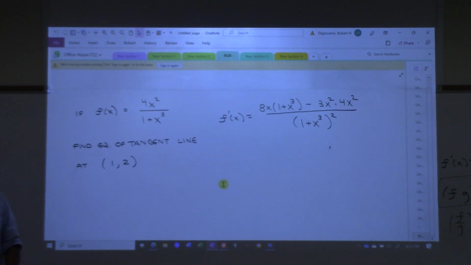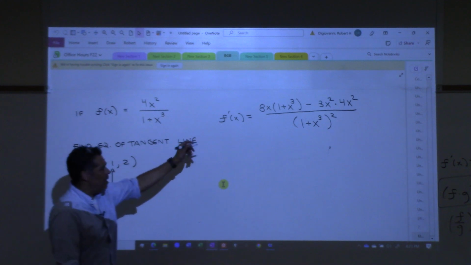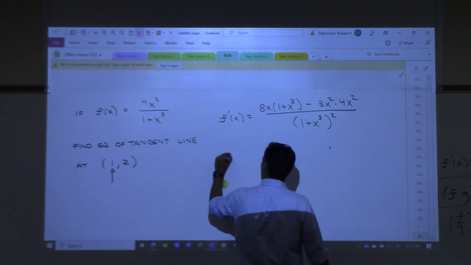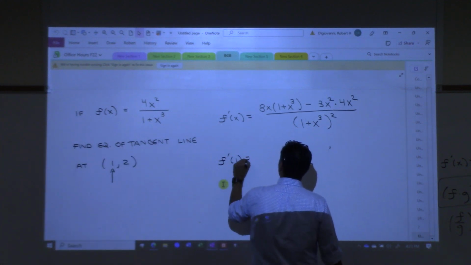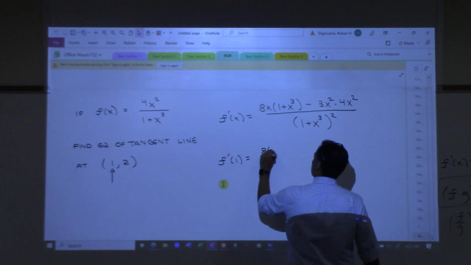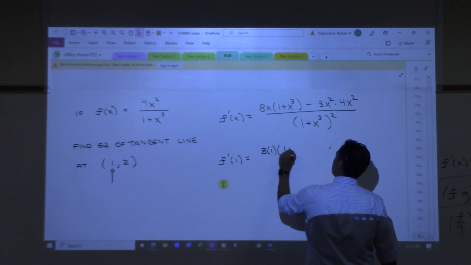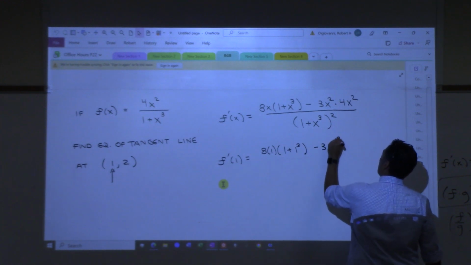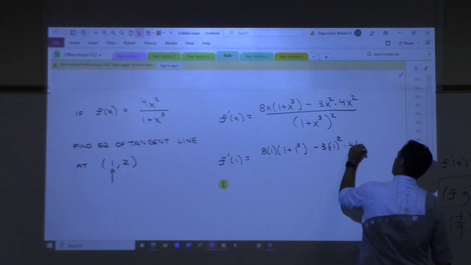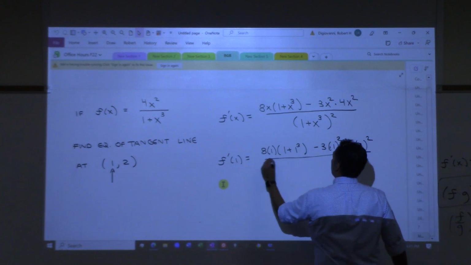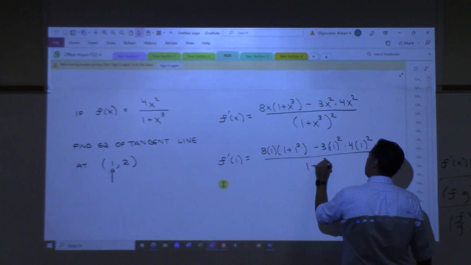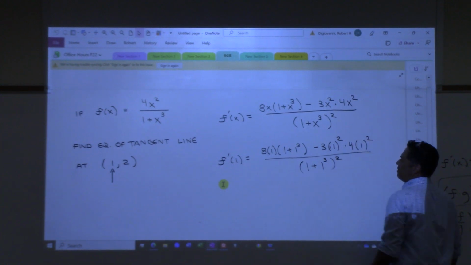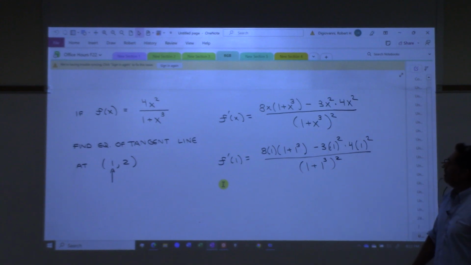Okay, so that right there is a formula that gives me the slope of the tangent line at any x value I want. I'm interested in the x value of 1. So I'm going to just replace the x's with 1. F prime of 1 will be 8 times 1 plus 1 cubed, minus 3 times 1 squared times 4 times 1 squared, all over 1 plus 1 cubed, all of that squared. That's just me replacing all the x's with 1.